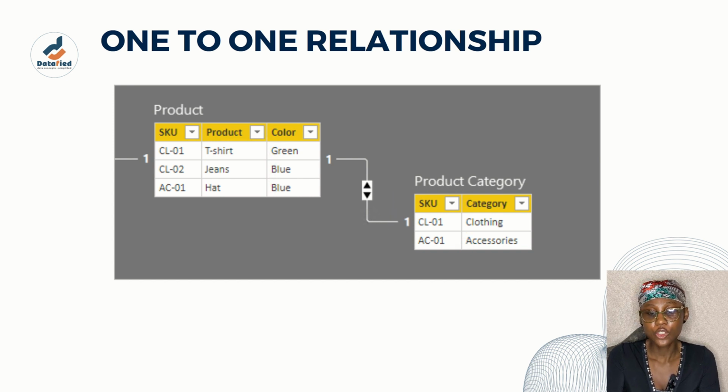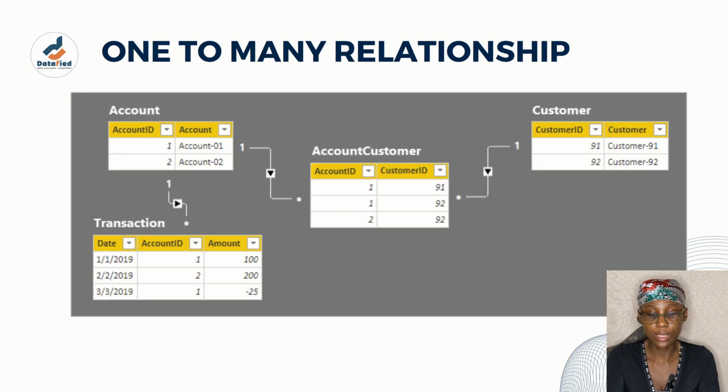The second type of relationship is one-to-many. In a one-to-many relationship, it means one record from the dimension table is linked to many records from the fact table. If you can see from my screen here, we will look at just account and transaction. In our account table, we have account ID and account.